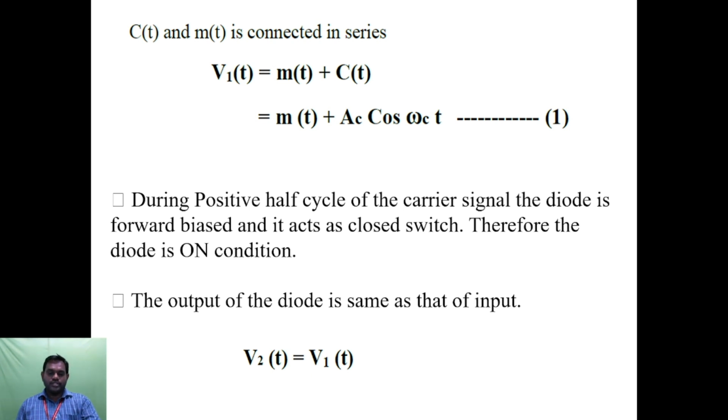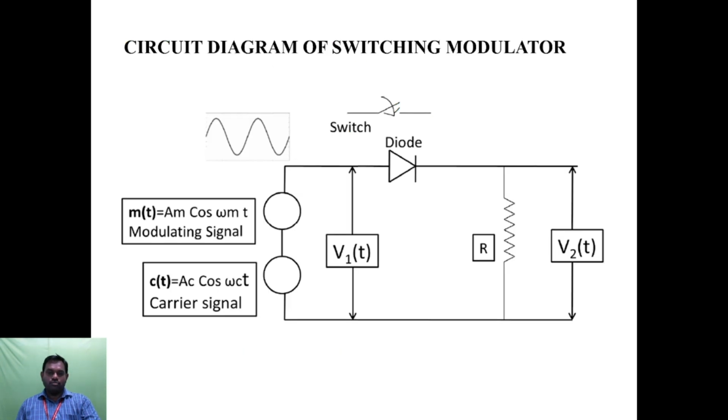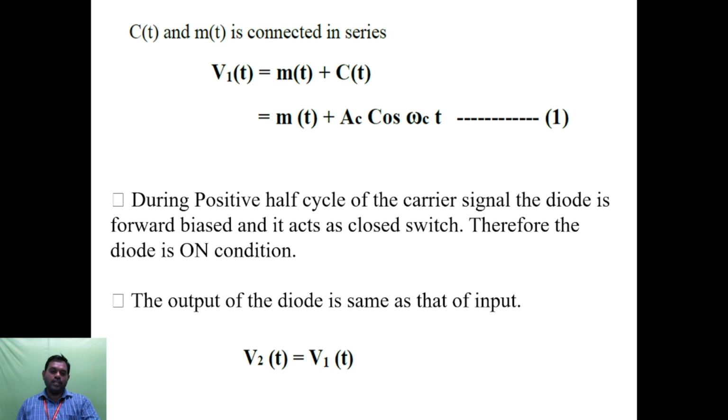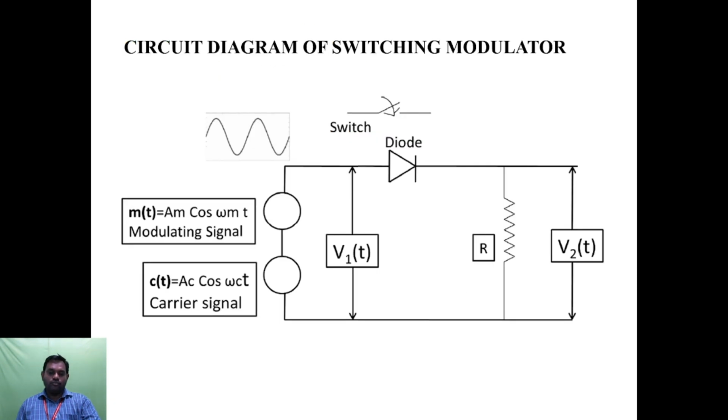During the positive half cycle of the carrier signal, the diode is forward biased and acts as a closed switch. Therefore, the diode is on. This is the working principle of the switching modulator. Here we are explaining only the positive half cycle of the carrier signal.